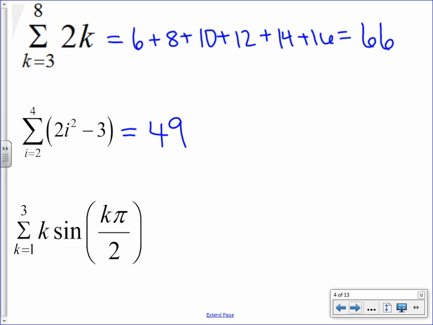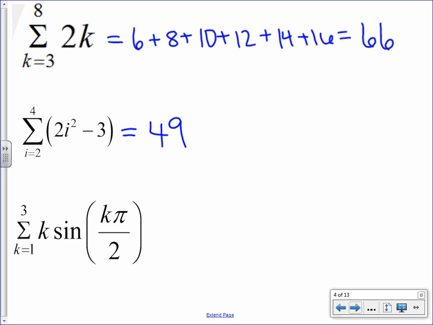What do you have so far? 5, 5. Yep. 15. Yep. And then we have 2 times 4 squared minus 3, which is 32 minus 3, which would be 29, and then plus the 15 plus the 5.